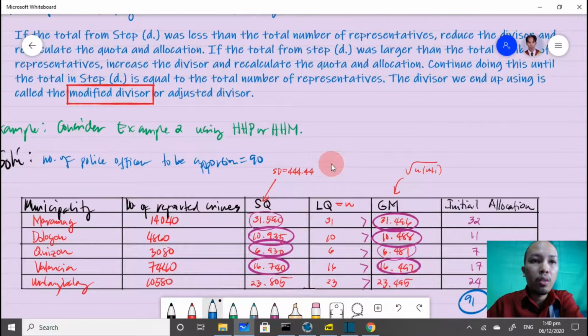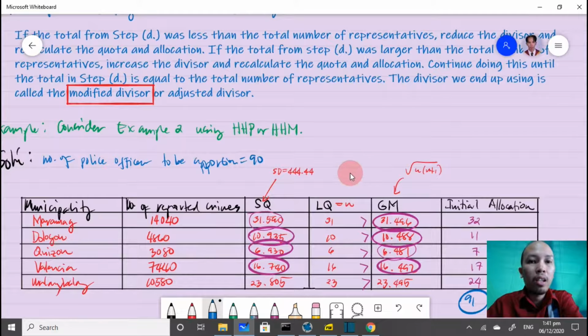We are going to use maybe 445, 446, 447, and so on, and test again. That would be a long way to go, calculating again and again until you get the number of police officers to be apportioned.